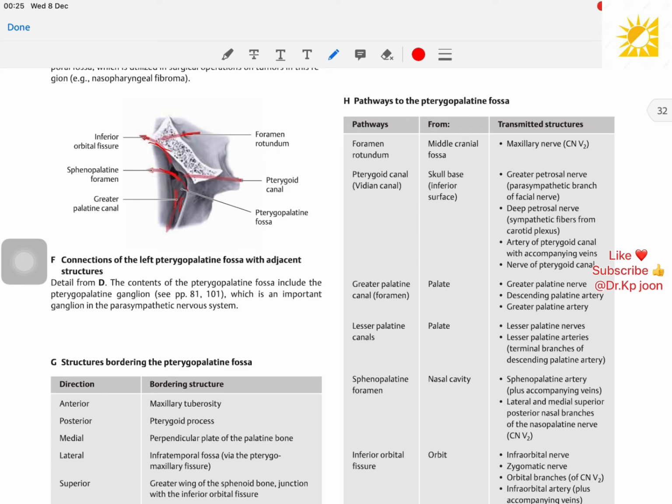So these are the connections of the left pterygopalatine fossa with the adjacent structures. The contents of the pterygopalatine fossa include the pterygopalatine ganglion, which is an important ganglion in the parasympathetic nervous system.